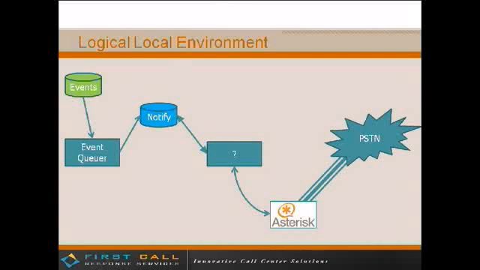That goes into the notify database. Then we have this logic, which we're about to build, that takes the notification event from the notify database and squirts it over to the Asterisk box and says, dial the phone. So that's where we are now, figuring out how to do that in that question mark.